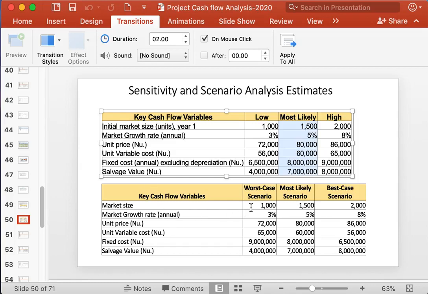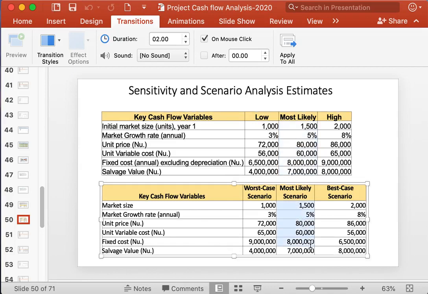So in case of the scenario analysis, the cash flow for most likely scenario will be same, so that will not be done. We will use the same cash flow, whereas for worst case scenario and best case scenario we will generate cash flows and also calculate the net present worth for each of these extreme scenarios.